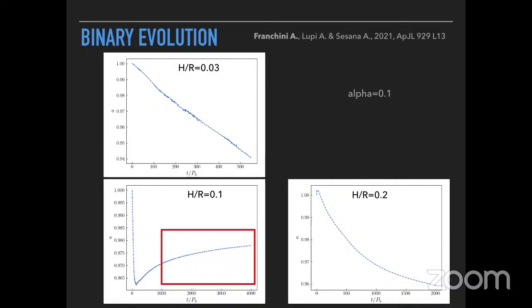But again, this is just assuming an isothermal equation of state, so no Shakura and Sunyaev solution where the aspect ratio is related to the accretion rate. I was asking more in terms of, you said H over R equal to 0.1 is a sweet spot, how much it depends on the other parameters. Right. So this is an important thing that I didn't mention. All the simulations are scale free. So the binary mass is 1 and the semi-major axis is 1, but you can take it to be whatever you want.